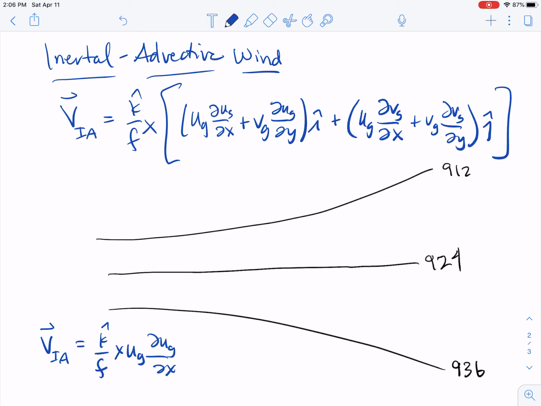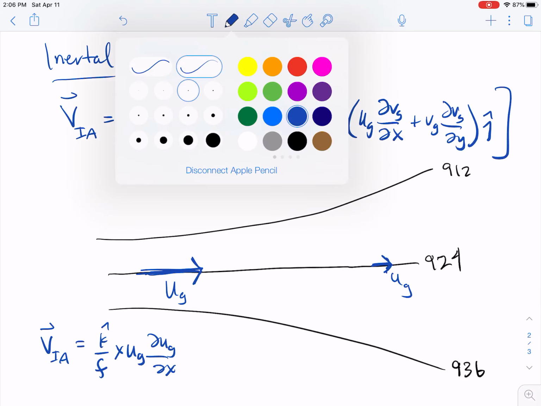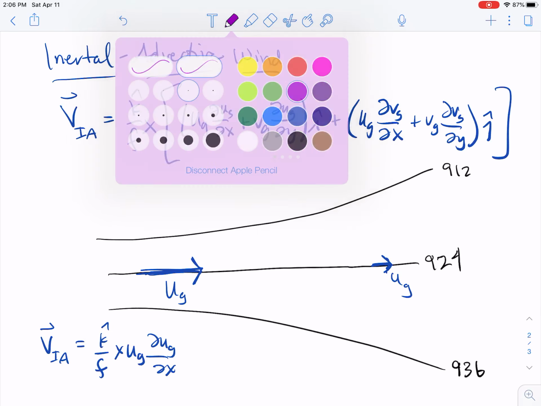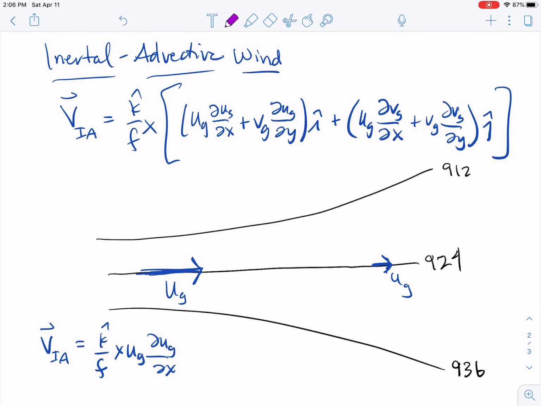We know that our u_g here is going to be stronger here, weaker here. And now we want to assess u_g du_g/dx. So faster here, weaker here as we go along in our positive x direction.